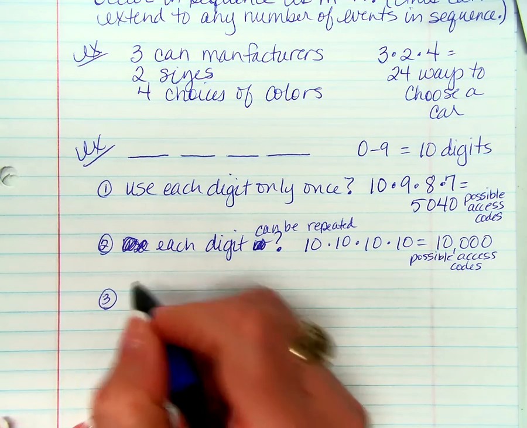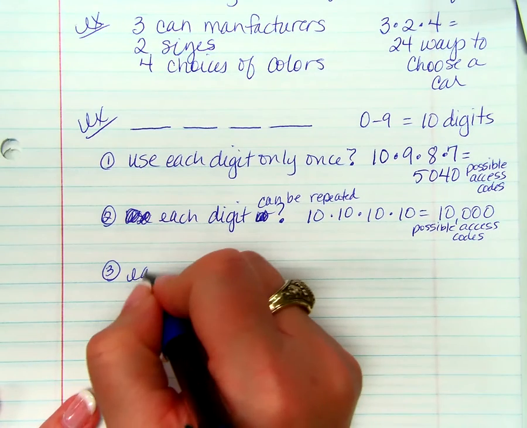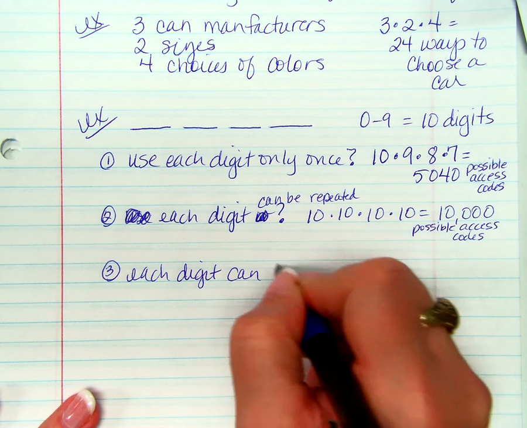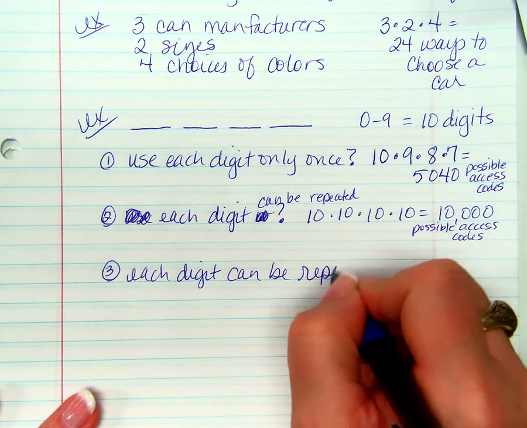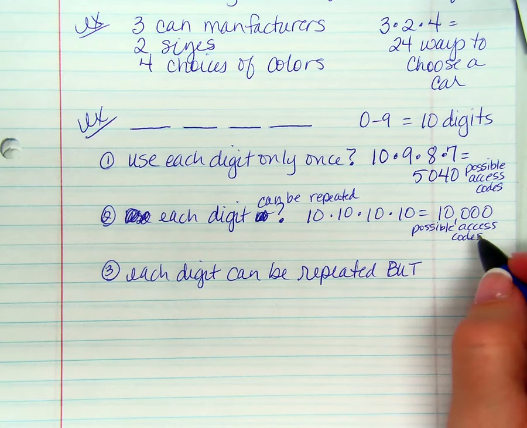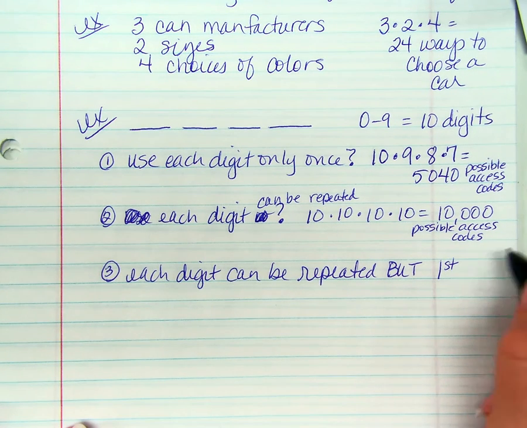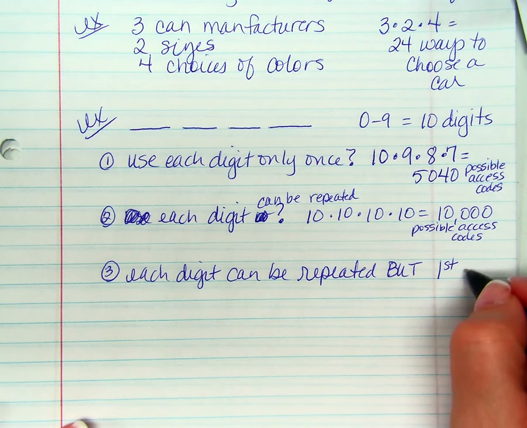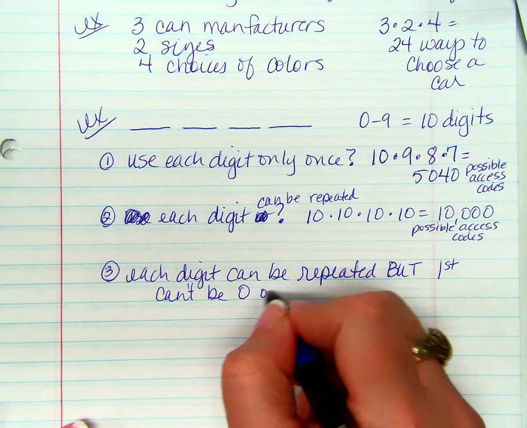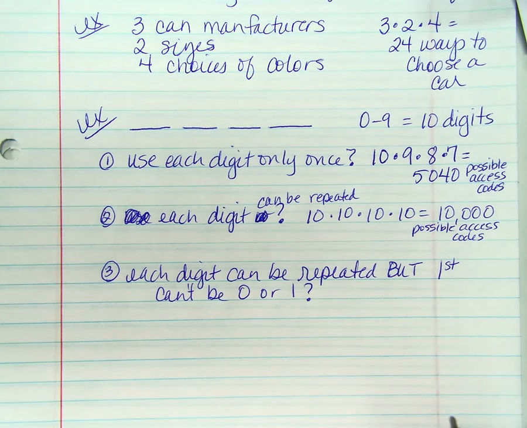What about each digit can be repeated, but the first digit can't be 0 or 1.